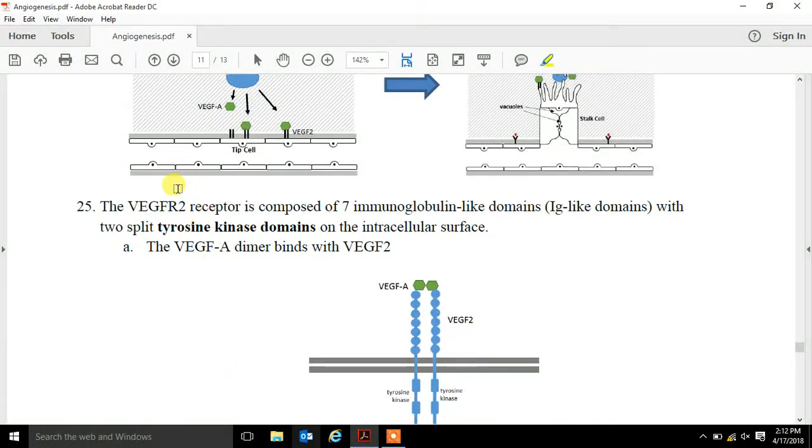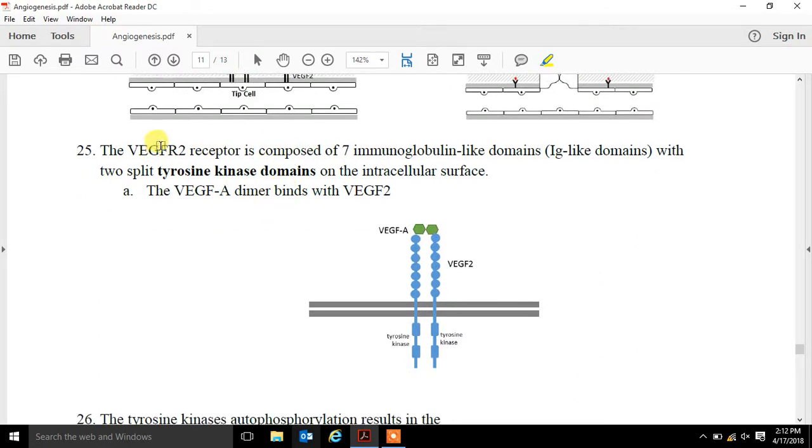Okay, so the VEGFR2 receptor, we know it's composed of various domains. The main thing here, it's got a tyrosine kinase domain. So here's our cell membrane, extracellular and intracellular. Extracellular, here's our VEGF dimer, which binds to the receptor, and we've got these tyrosine kinase domains on the inside.